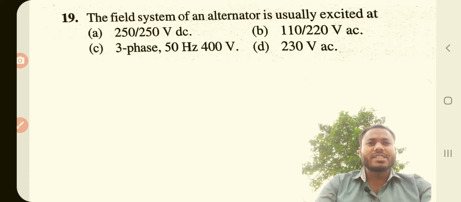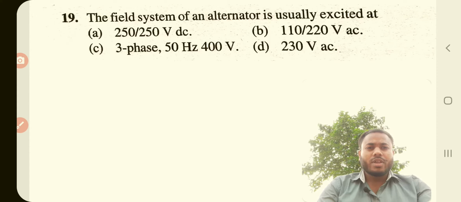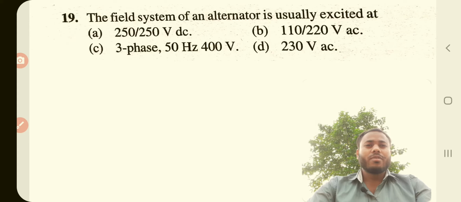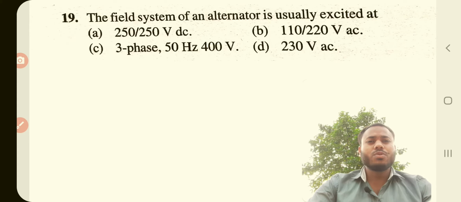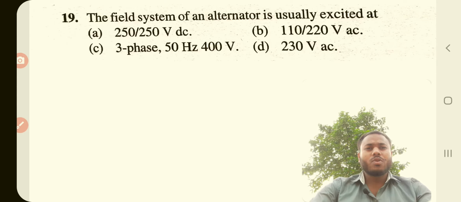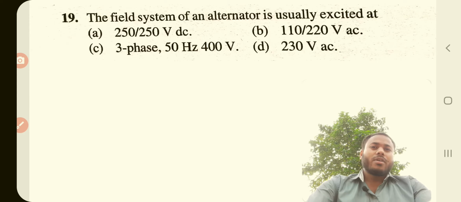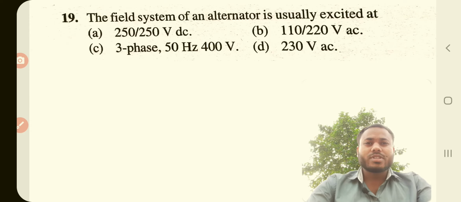The field system of an alternator is usually excited at, what is the right answer? From all the options you can find it very easily by one trick, if you know the alternator's working principle and how it is excited. Let's see the options.